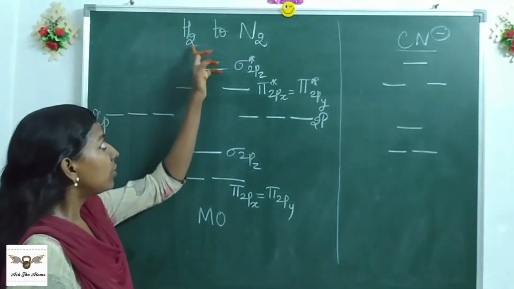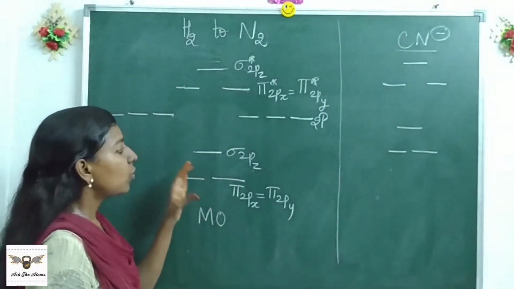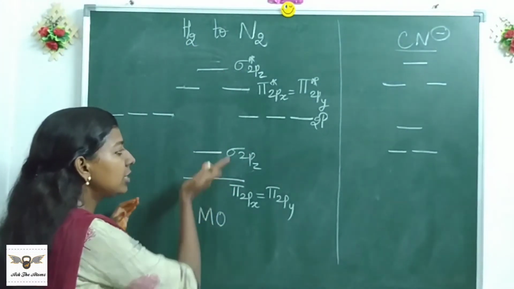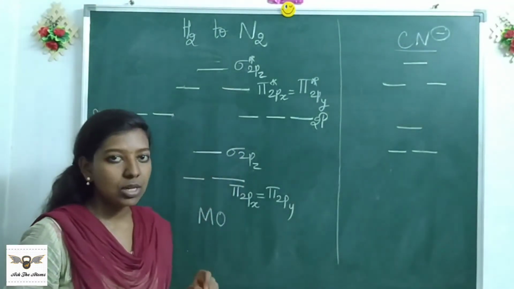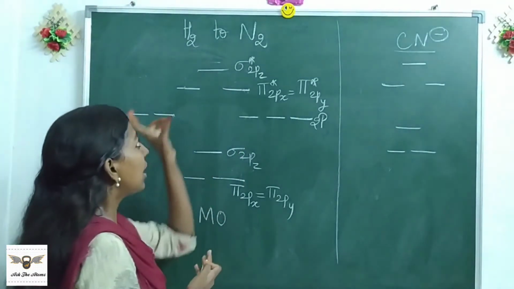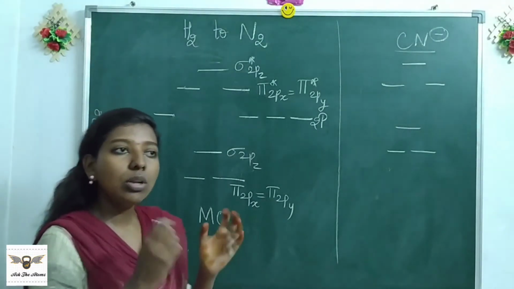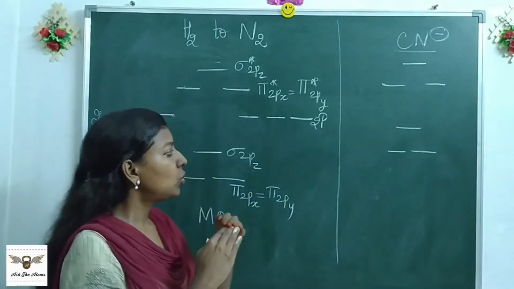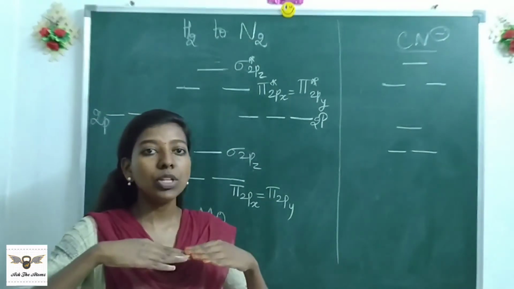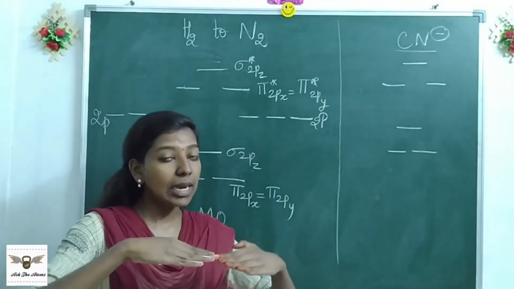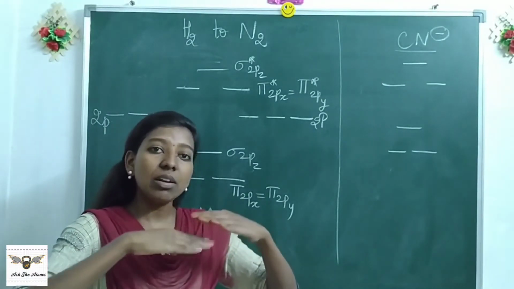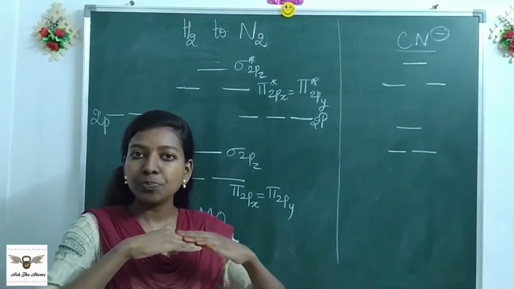Why does the sigma level rise up till nitrogen? The reason is that in hydrogen to nitrogen molecules, the molecules are a little smaller. So the 2s and 2p levels are going to be of similar energy, so there is a little bit of interaction between 2s and 2p.